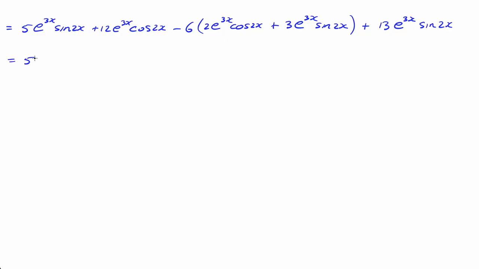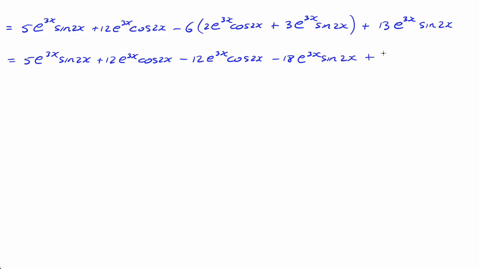This is 5e to the 3x sine 2x plus 12e to the 3x cos 2x minus 12, I'm going to multiply this out, minus 12e to the 3x cos 2x minus 18e to the 3x sine 2x plus 13e to the 3x sine 2x.